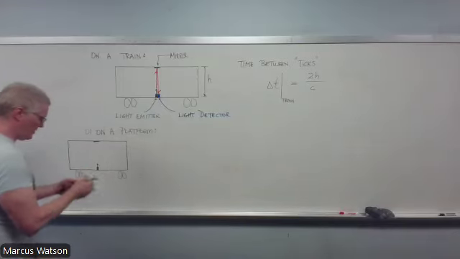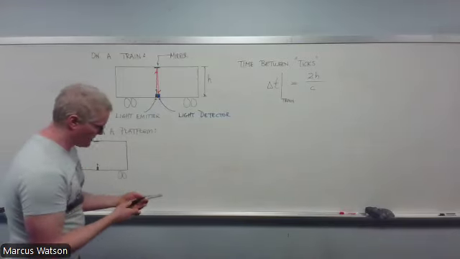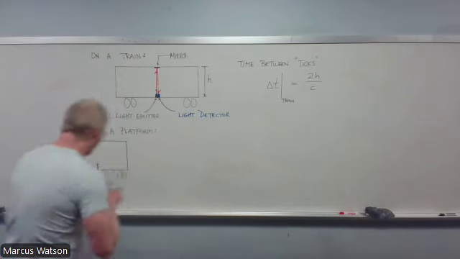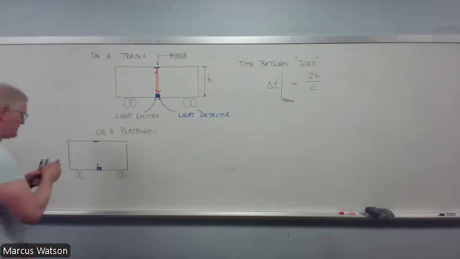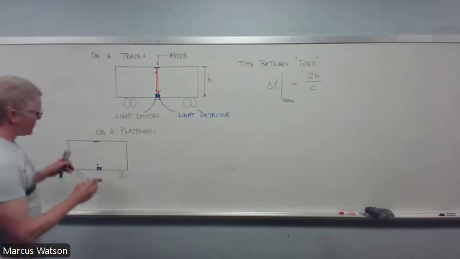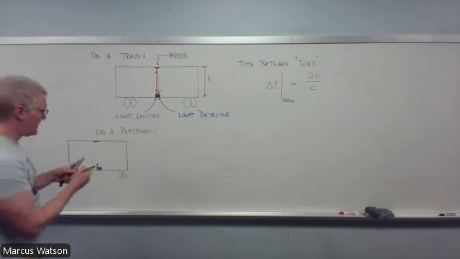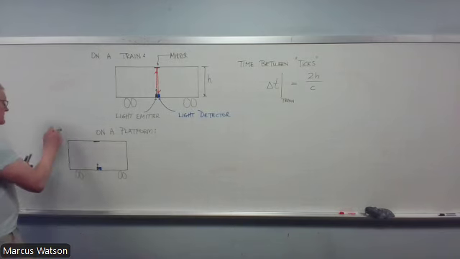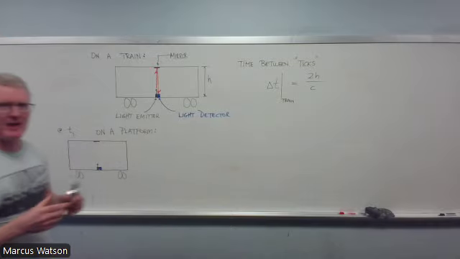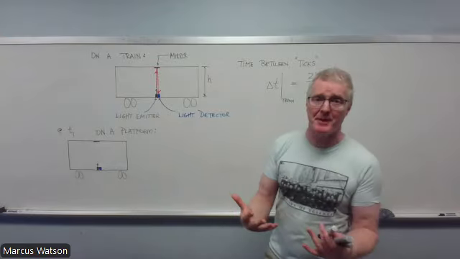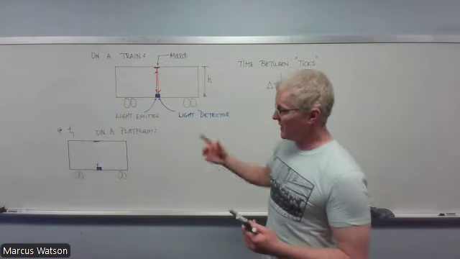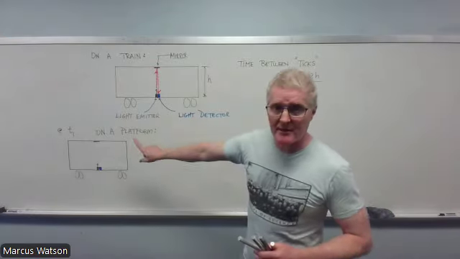All right, so I'm going to draw all the same stuff as I had before. My detector's right here. All right, so here at time, say this is at time t1, as measured on the platform, this is the first thing I see as the train is coming by. It's just about to start an emission. Okay, so the light is just about to come out of the laser.